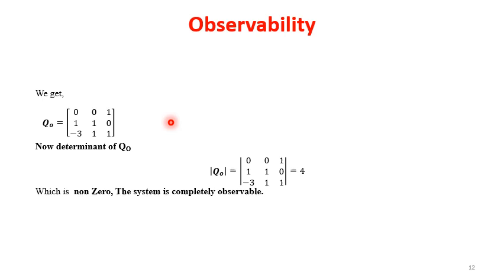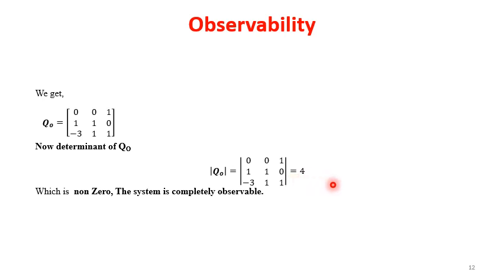First three non-zero rows we are picking, that is C and CA. So C is 0, 0, 1 and 1, 1, 0, and in CA we had minus 3 and 1 and 1. Now we need to find out the determinant of QO. The determinant of QO, when we found, is equal to 4.